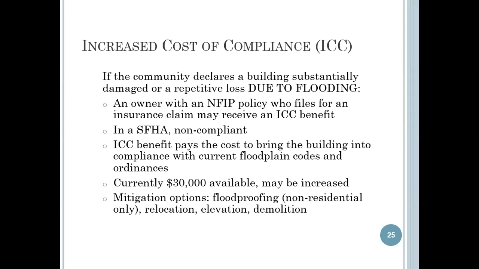Now you can have a structure that was built to a compliant requirement, but if there was a subsequent map change that increases the base flood to a freeboard or a higher limit, then we will be able to elevate that structure to what your current floodplain management requirements are. Okay.